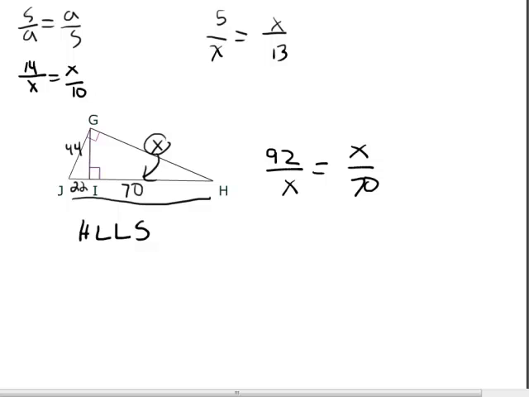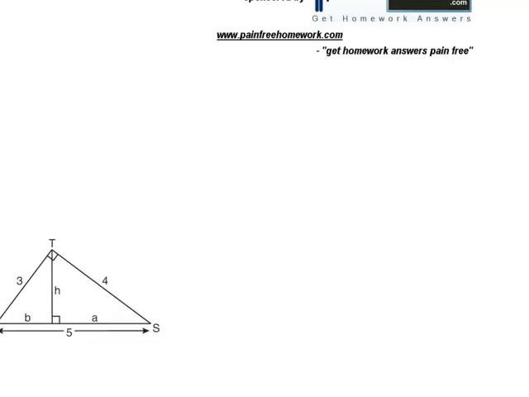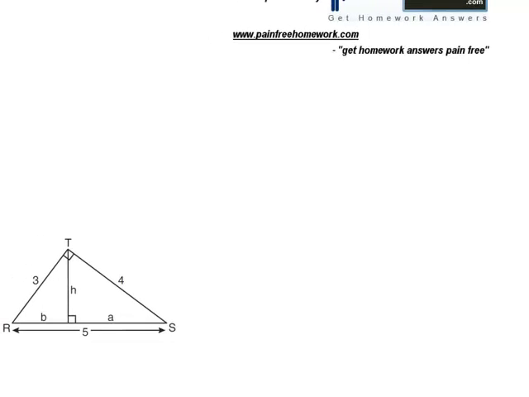Okay. Now let's try a more advanced problem. Okay, let me fit this on the screen. So this problem is a little bit more of a doozy. Our goal is to find the altitude, h.